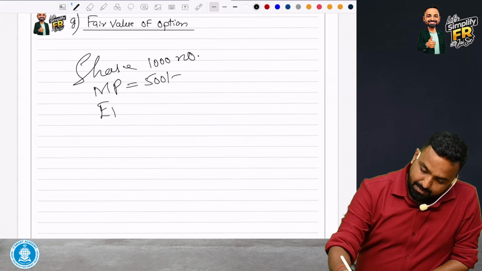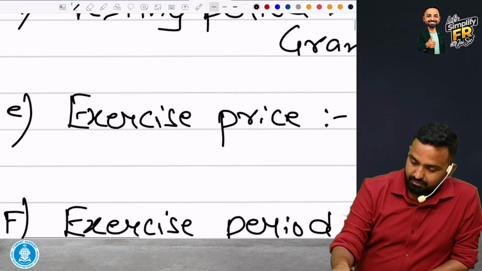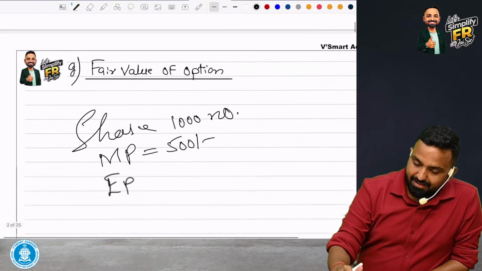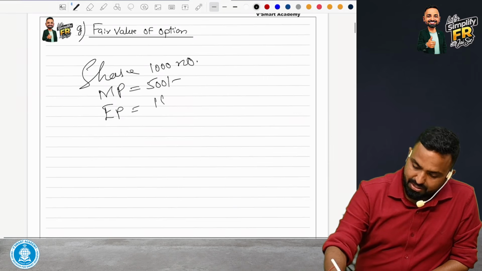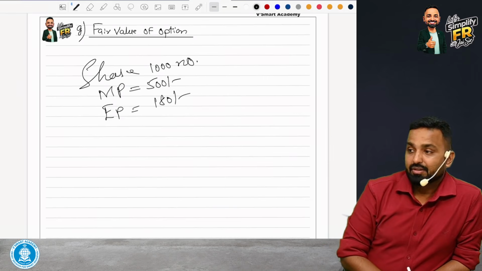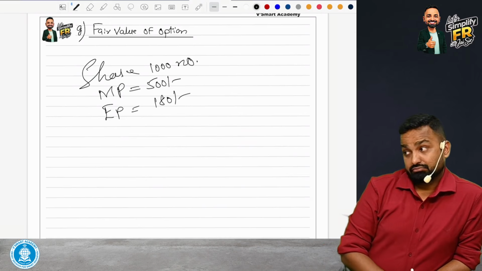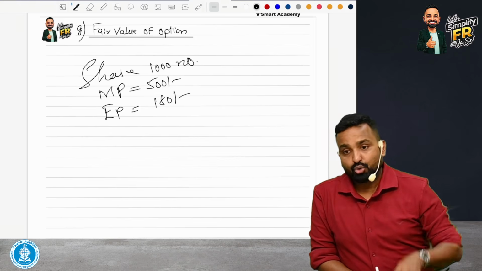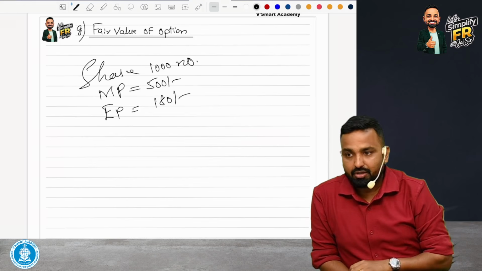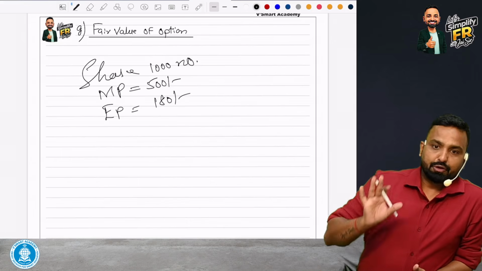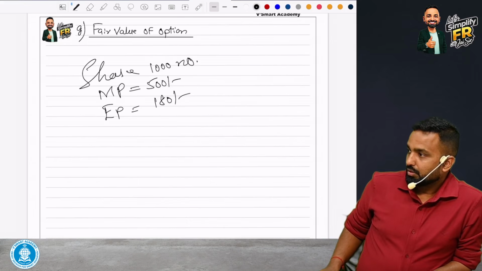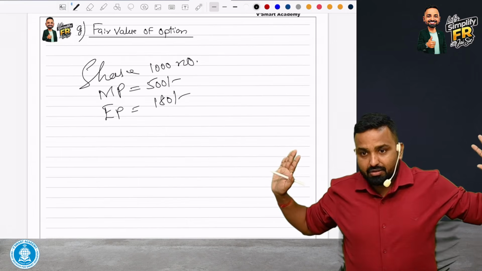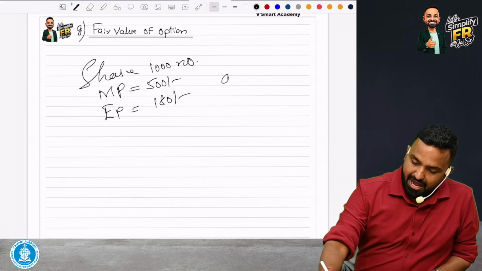But I am giving you EP, exercise price, at just 180. But against which you need to fulfill some conditions: 2-3 years performance, service, whatever. So this is the offer for you. Give me service, I'll give you shares at concession price. Simple deal. When will I give you? After 3 years.